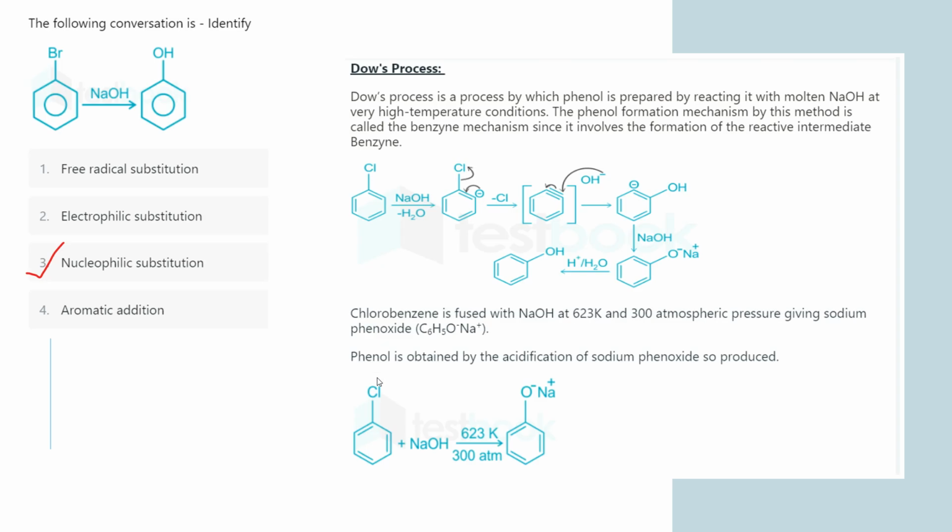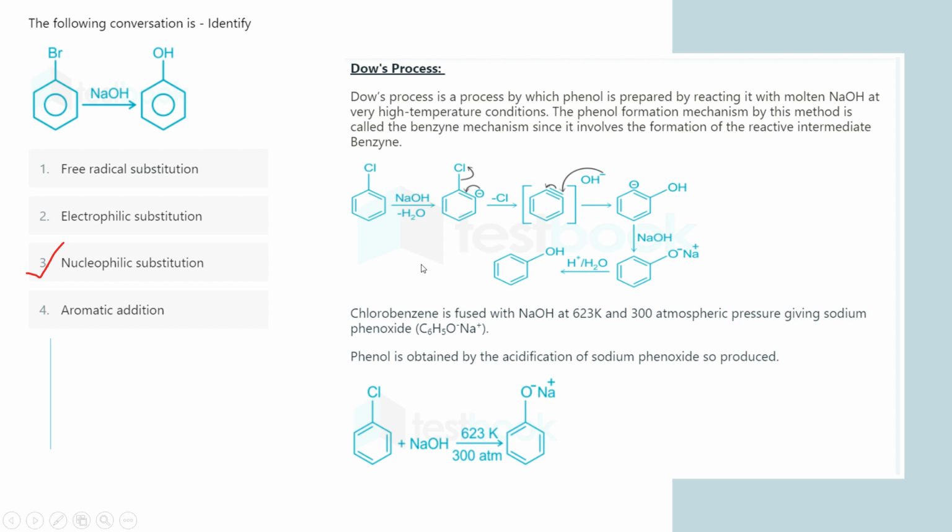Okay, so there is a process which is called Dow's process, and Dow's process is used to prepare phenol by reacting halobenzene with sodium hydroxide. Okay, and this reaction particularly is carried out at very high temperature. This is the mechanism which this reaction follows.